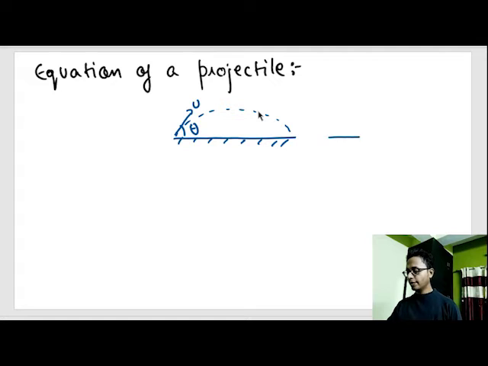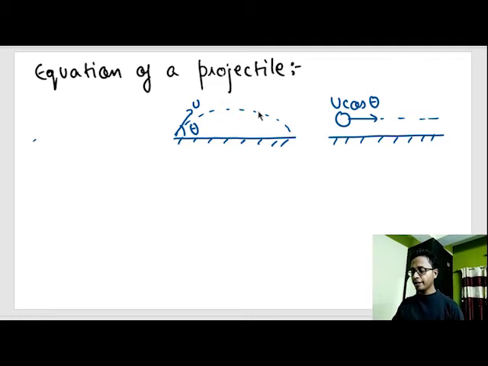Similarly, a projectile can be converted into a horizontal component of u cos theta and a vertical component of u sin theta.